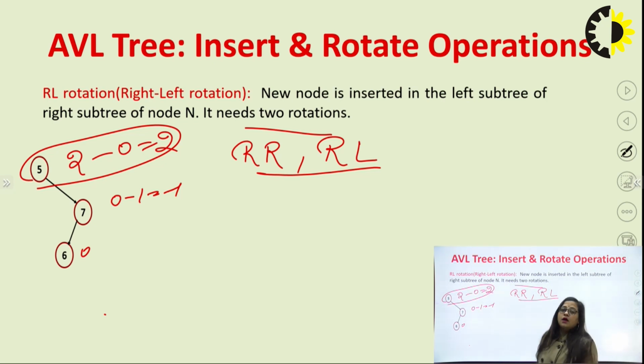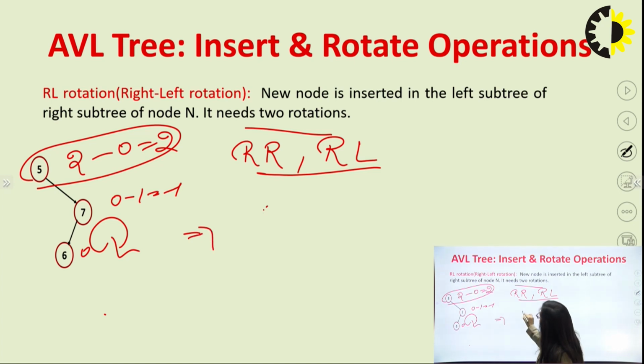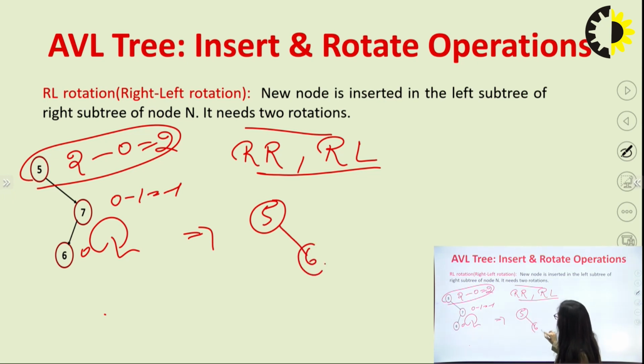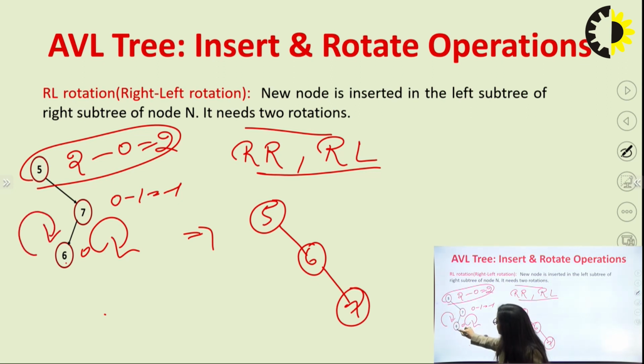So first what will we do? First we rotate RR direction, then RL direction. RR direction means move clockwise, clockwise. Then 5 is there and this number. This number is moved here, then it is 6 and it is 7. 6 comes above and 7 comes to the right direction, like this.